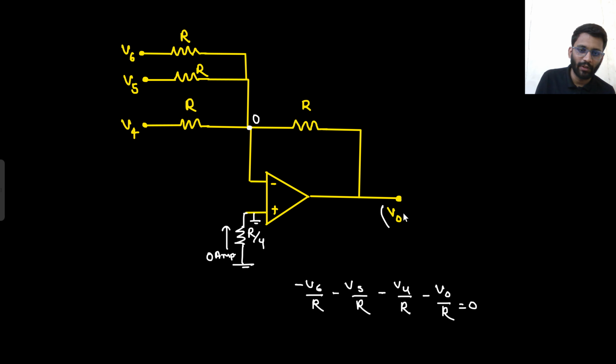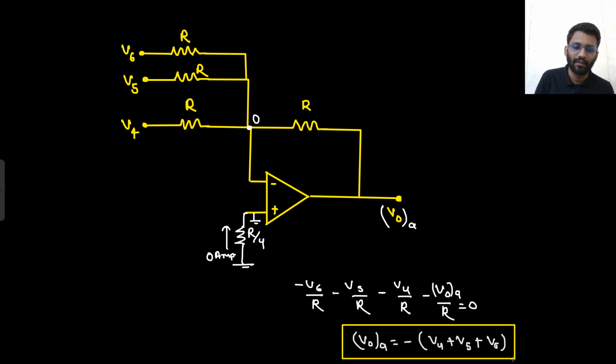So this is not V naught, I will call it V naught A. This is V naught A because we are applying the superposition theorem, so I have to write V naught B as well. So V naught A is minus of V4 plus V5 plus V6. This is your V naught A.